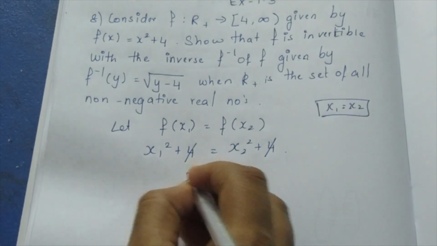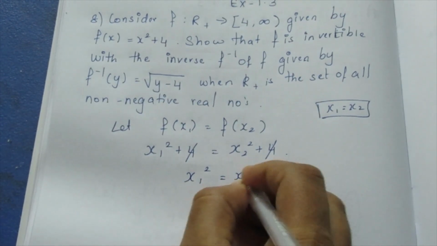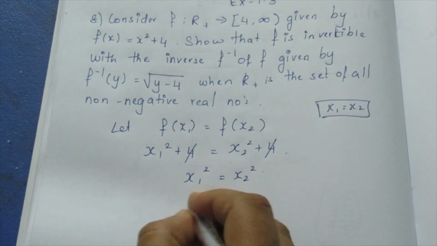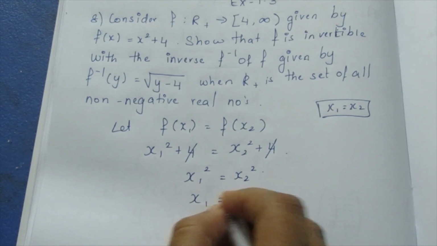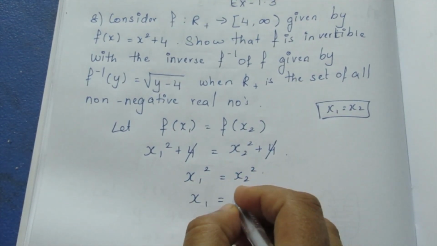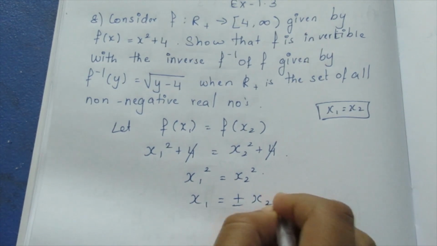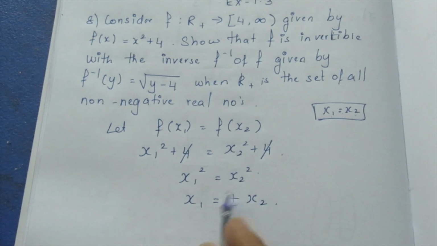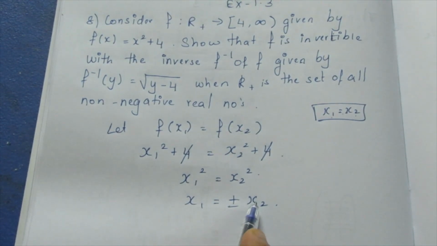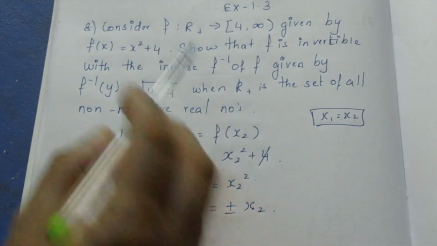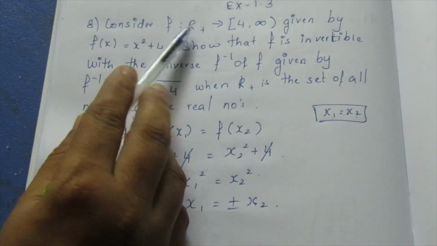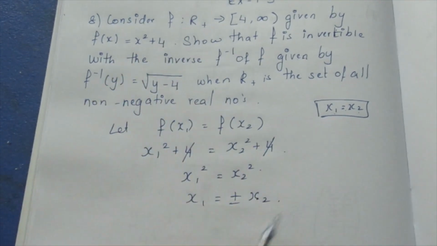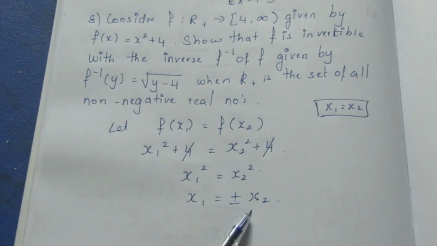Now we have x1 square is equal to x2 square. If we take the square root, it becomes plus or minus x2. But we need to prove x1 is equal to x2, and here we got x1 is equal to plus or minus x2. But the condition given here is that the function is from R positive, so we are substituting only the positive values.